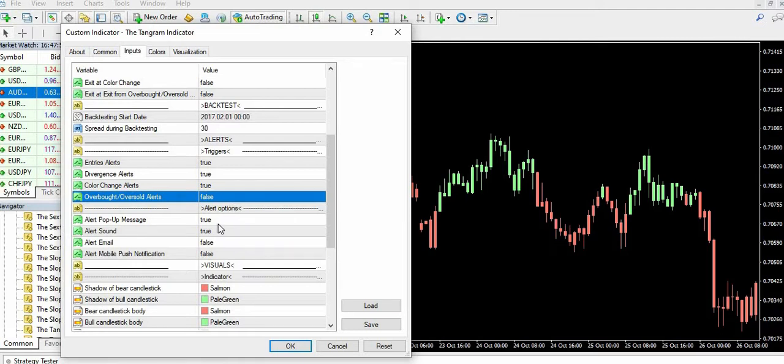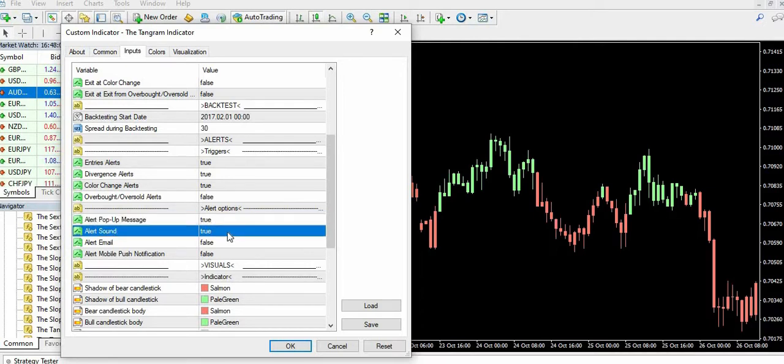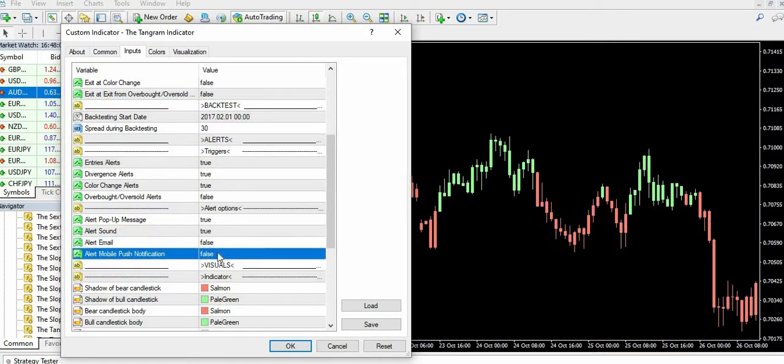Now, the types of alerts you could set here. You could get a pop-up message on MT4. You could also play a sound. You could get an email alert and a push notification alert. But to get email and push notification alert, you have to have these set up on MT4. Okay, I could show you how quickly now.